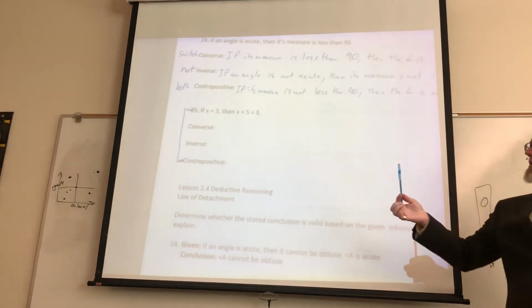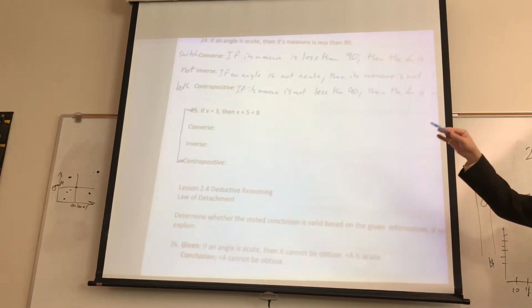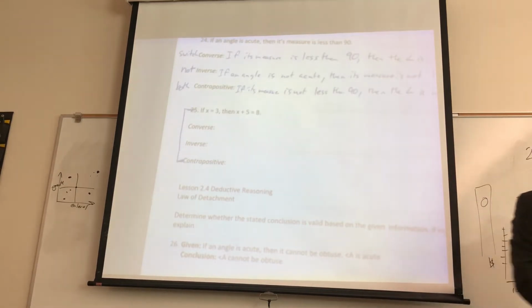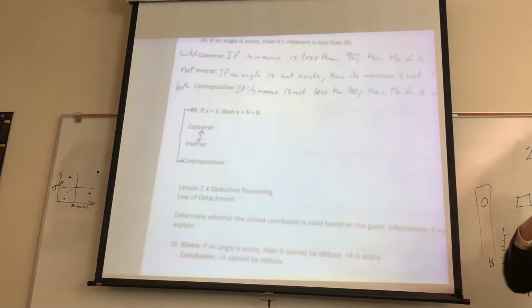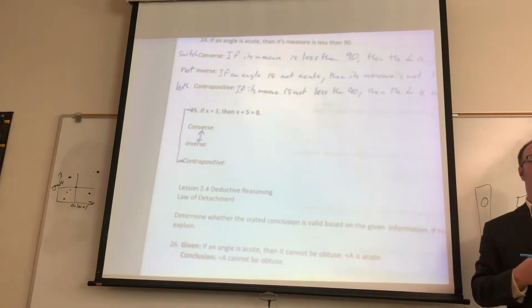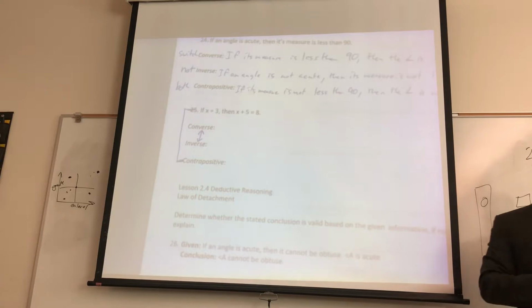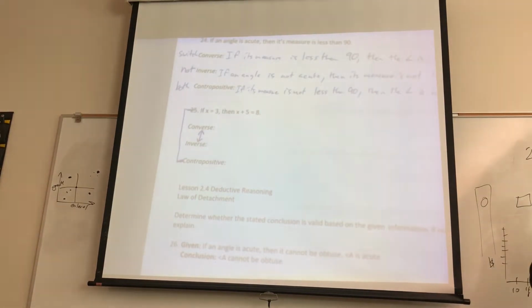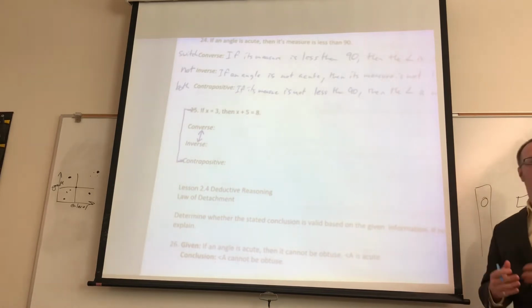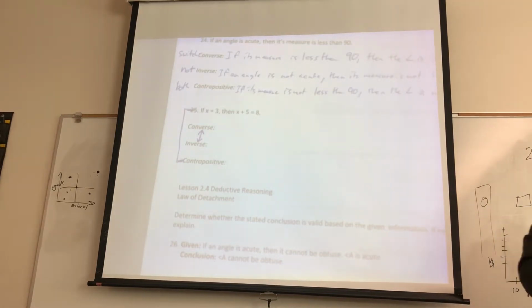If the original one is false, the contrapositive is also false. The converse and inverse are also linked. Okay? They will have the same truth value. If the converse is true, the inverse is true. If the converse is false, the inverse is also false.